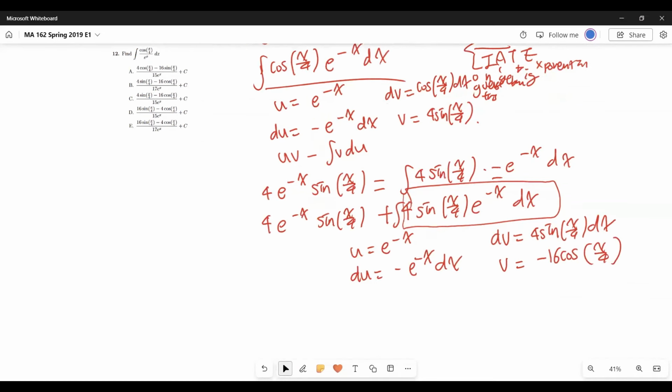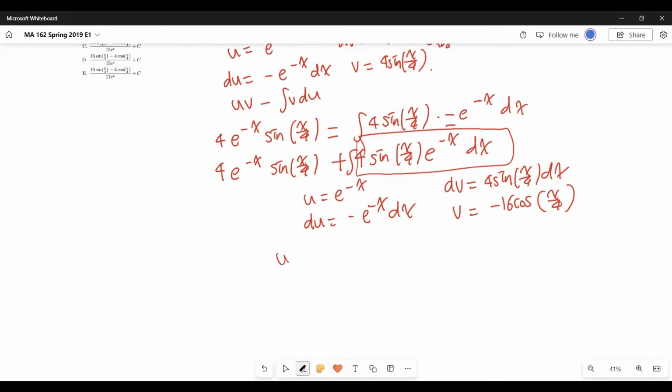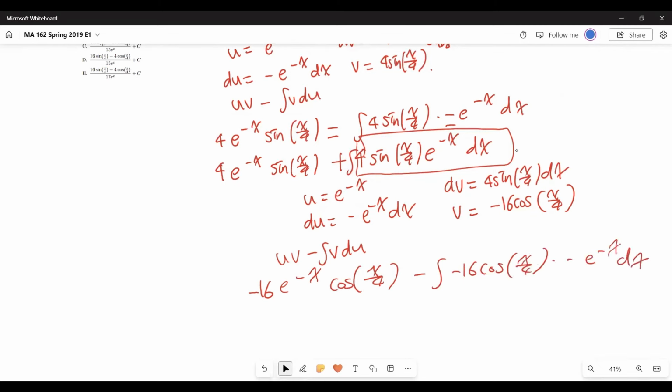Okay, so now you use the uv minus v du formula again. So e to the negative x times negative 16 cosine x over 4, minus the integral of negative 16 cosine x over 4 times negative e to the negative x dx. Yay, we have that.